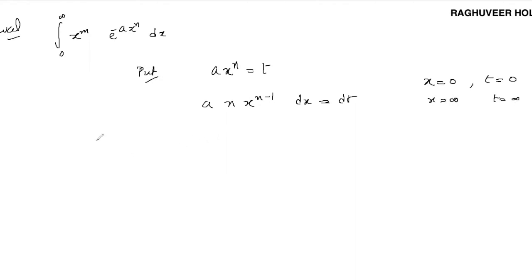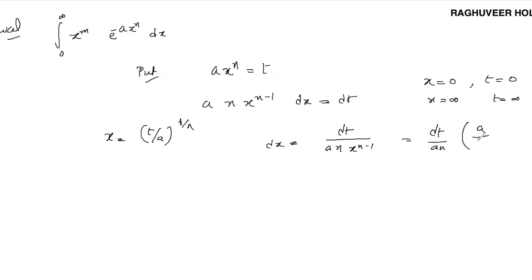So x is (t by a) to the power of 1 by n, and dx will be dt by a n x to the power of n minus 1, which is dt by a n times a by t to the power of n minus 1 by n.